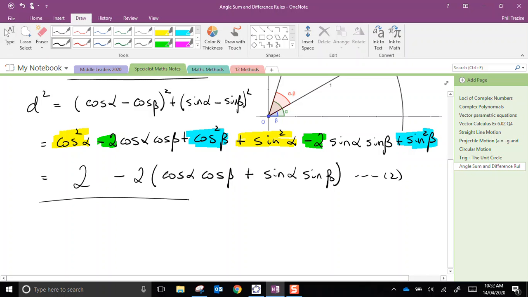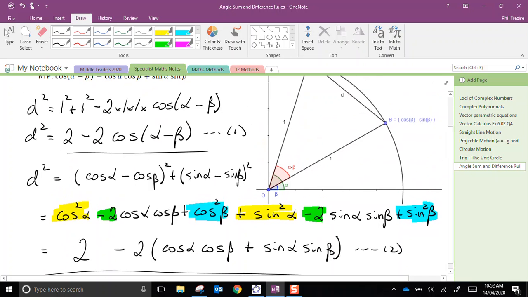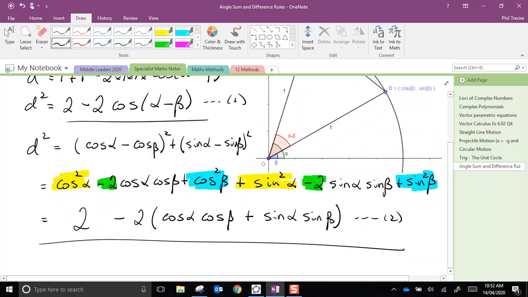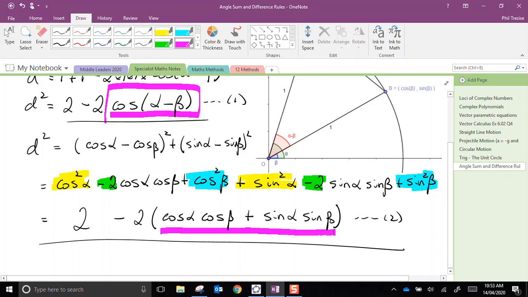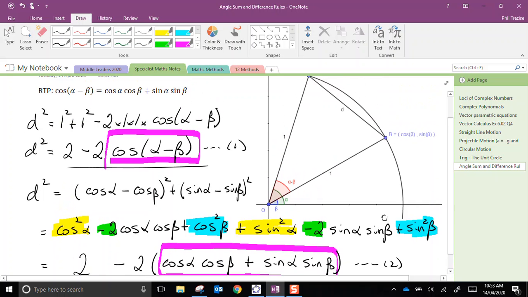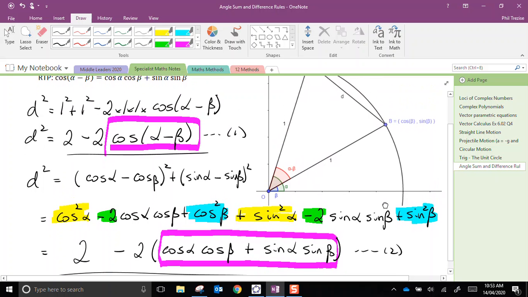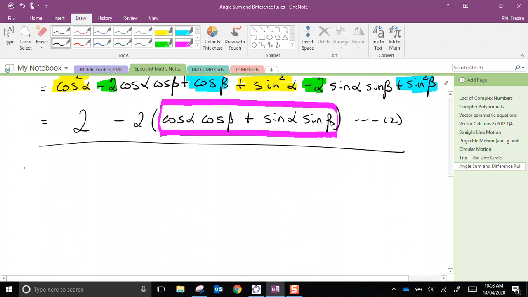That's d squared. Now what did we have earlier? We had d squared was 2, that's the same, minus 2, that's the same. So this part of equation 1 corresponds, therefore it must equal, this part of equation 2. And that's what we needed to prove. We needed to prove that those two parts were the same. We just need to make that conclusion.